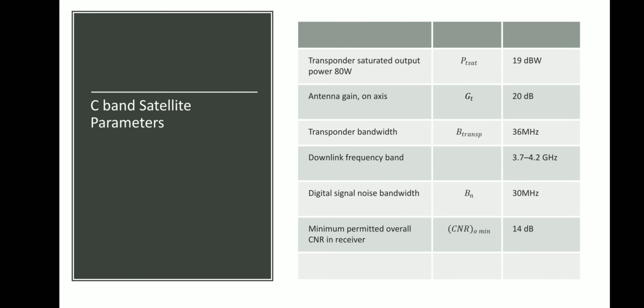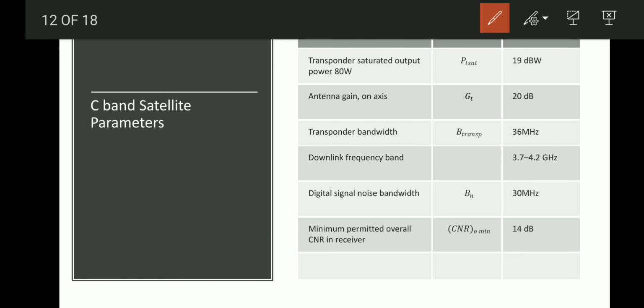That is the reason why we are calculating these link budgets for the individual transponders. So here it is written transponder saturated output power, and the output power is 80 watt. This is the saturated, the maximum output power that the transmitter actually gives. In the worst case scenario, we are considering the maximum output power, the saturated output power.